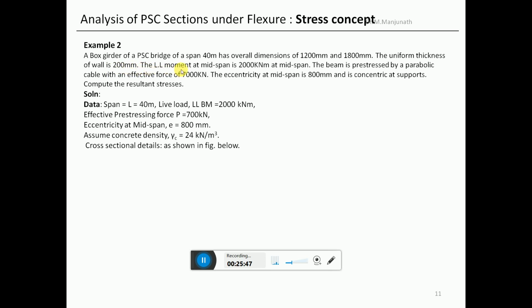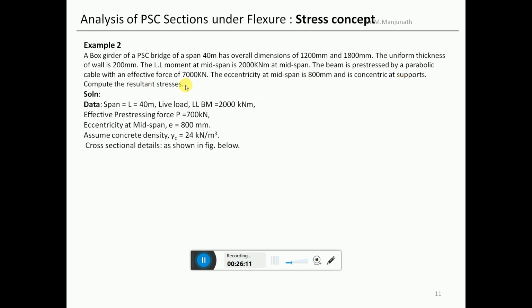The live load moment at midspan is 2000 kilonewton meter. The beam is prestressed by a parabolic cable with an effective force of 7000 kilonewton. The eccentricity at midspan is 800 mm and is concentric at supports.